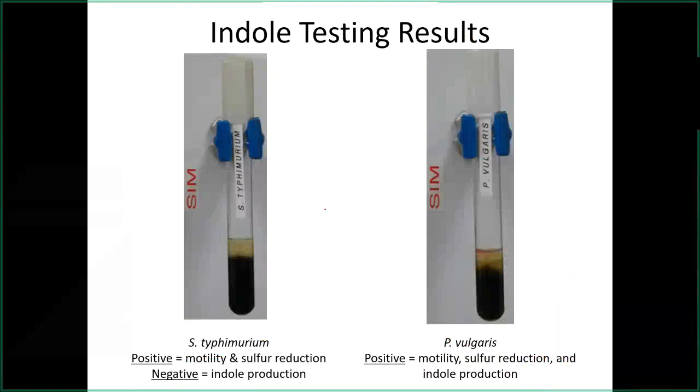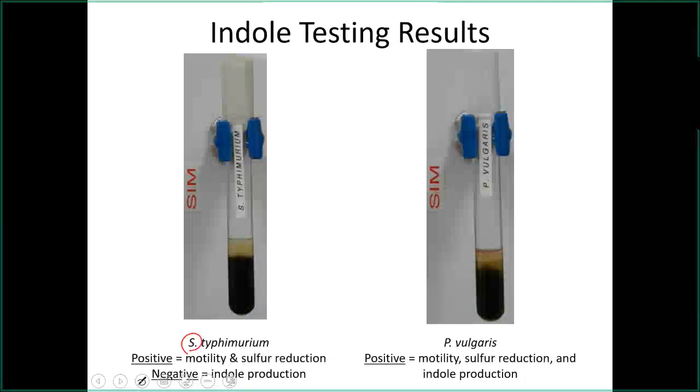All right, so here we've got a couple of indole test results. We've got two different species. This is Salmonella. The S stands for Salmonella typhimurium, which is the one that causes people to get Salmonella food poisoning and that sort of thing. And you can see there is a dark color in here that indicates there is H2S reduction.